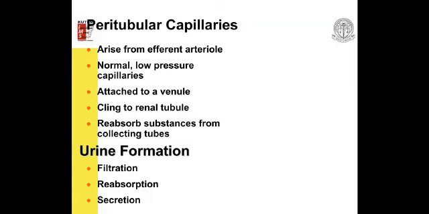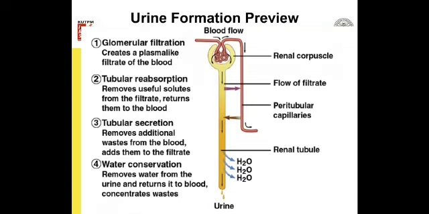Urine formation includes three processes: filtration, which is the ultrafiltration; reabsorption, which is the tubular reabsorption; and tubular secretion. The preview of urine formation is, as you all know, that glomerular filtration creates a plasma-like filtrate of the blood.